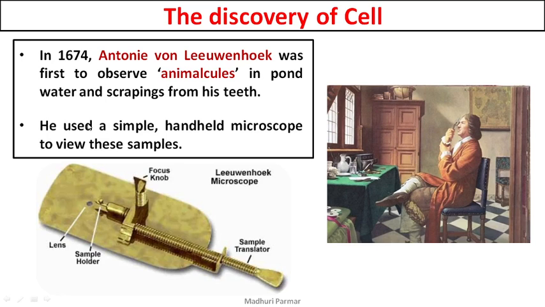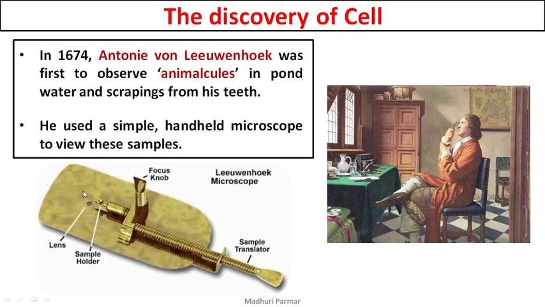He used this simple handheld microscope to view the samples. This is the microscope he used. This is the handle, okay? What you see him holding here in the diagram. So that is the handle he used to hold. Then on this flap, you have a lens. Okay, lens is normally a magnifying glass, what you might have already seen and even studied in optics, physics.